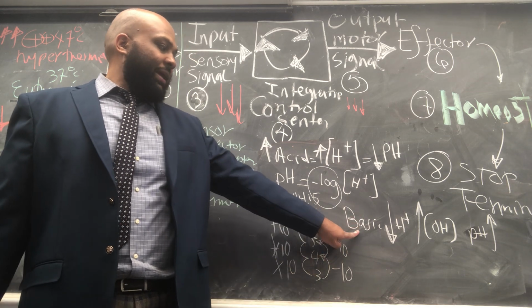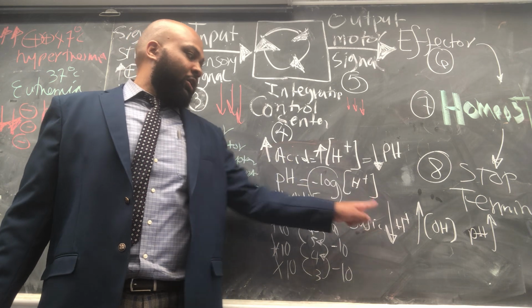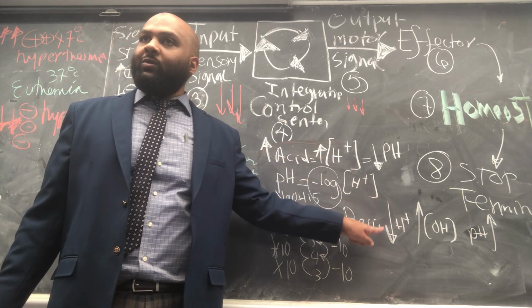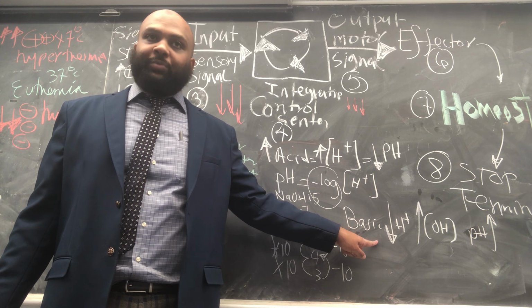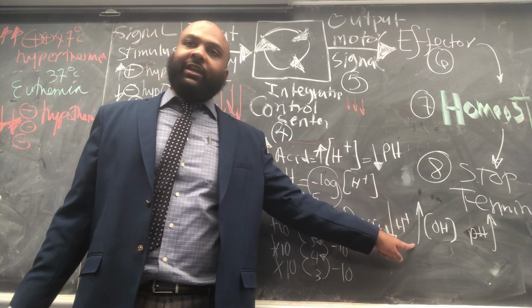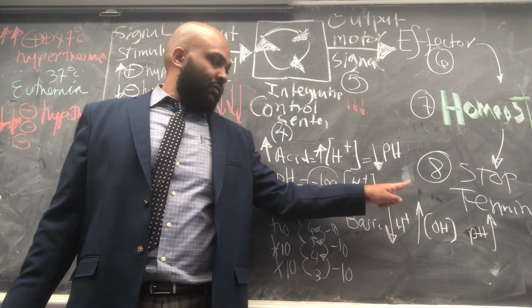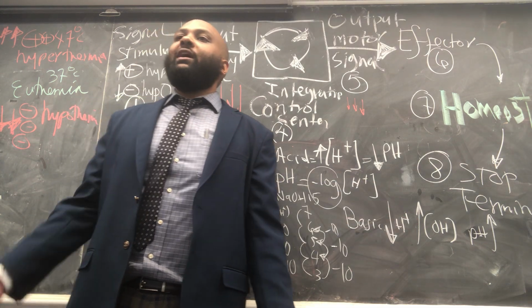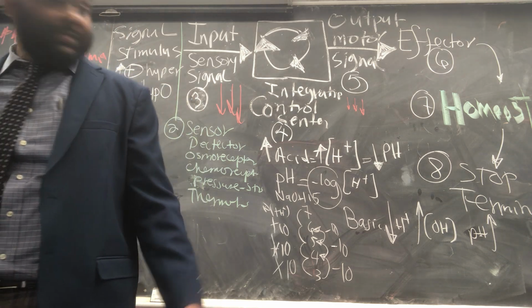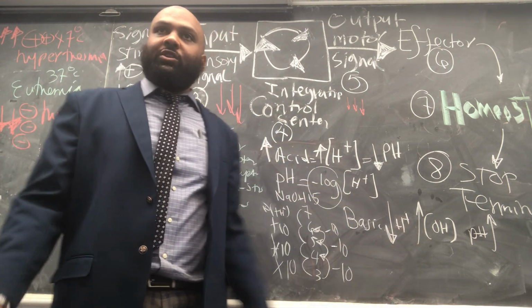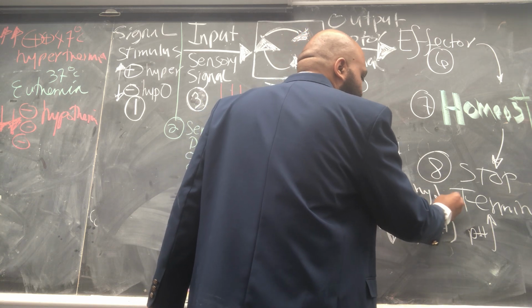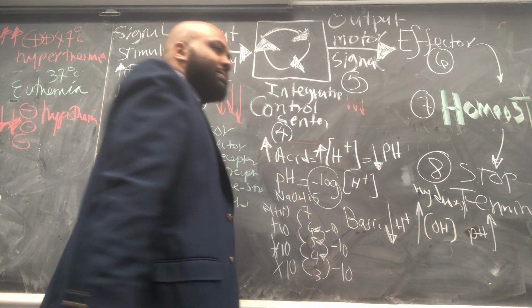Because acidic means high hydrogen proton, basic means low hydrogen proton. Then OH increases, the base, and the pH is high. OH is known as hydroxyl. That's the functional group. We'll get to that.